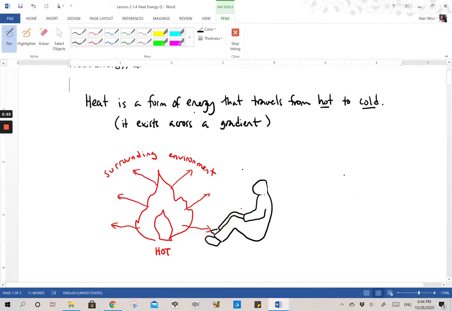So if this person is just sitting by the campfire here, and he's feeling really, really cold, sooner or later, all that heat energy that's coming from the fire will eventually go into this person as well. So what this person feels is warmth.